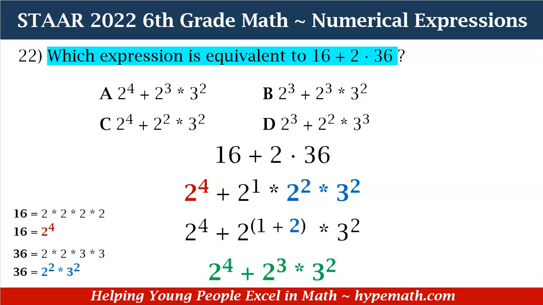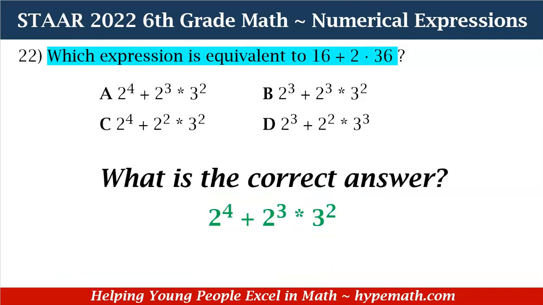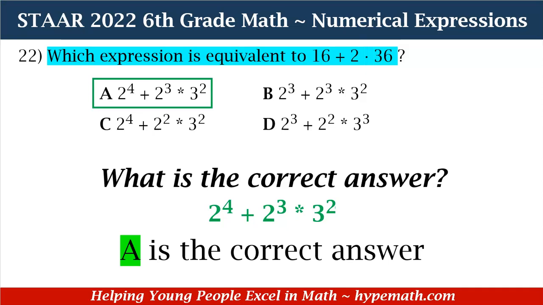And that is my answer. So what is the correct answer? All we need to do is look at our answer choices to see which one shows 2 to the 4th power plus 2 cubed times 3 squared. And do you see it? Absolutely. The correct answer is A.